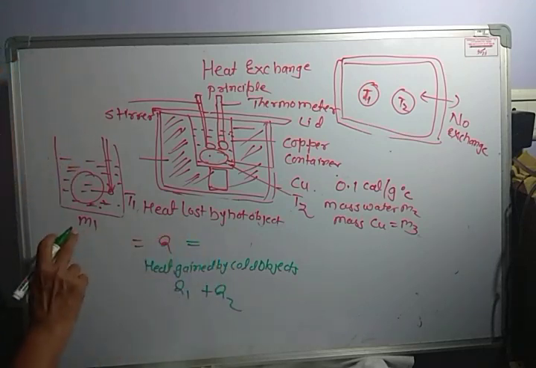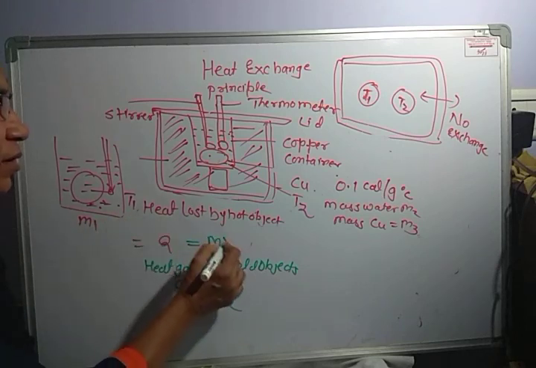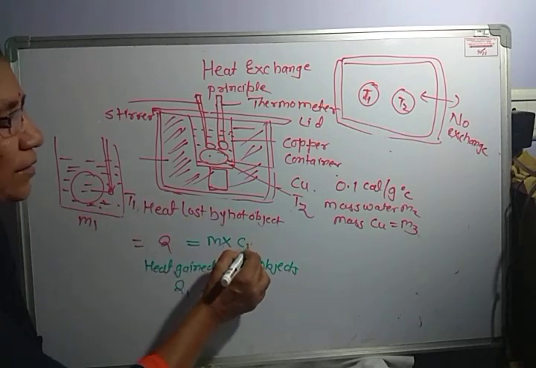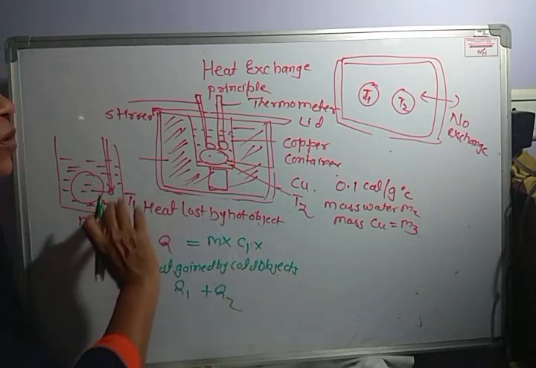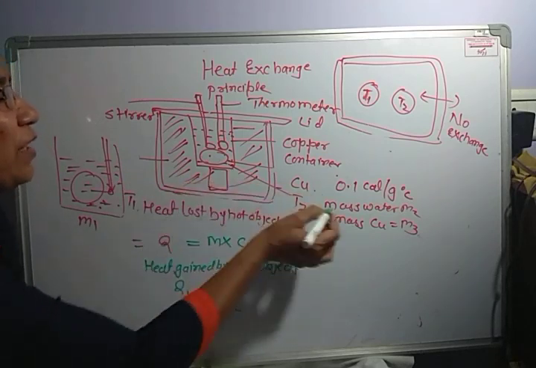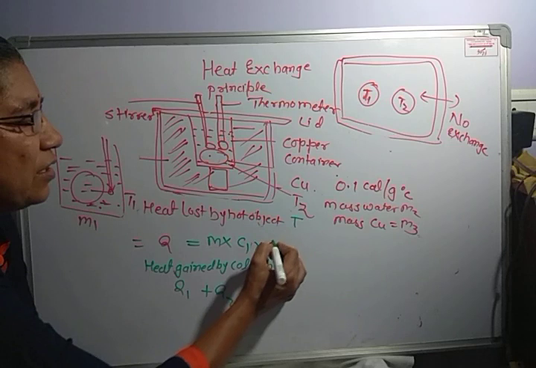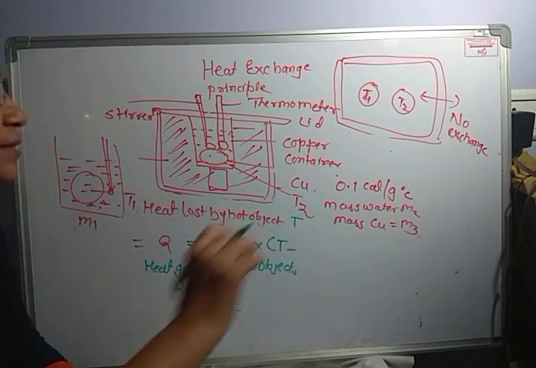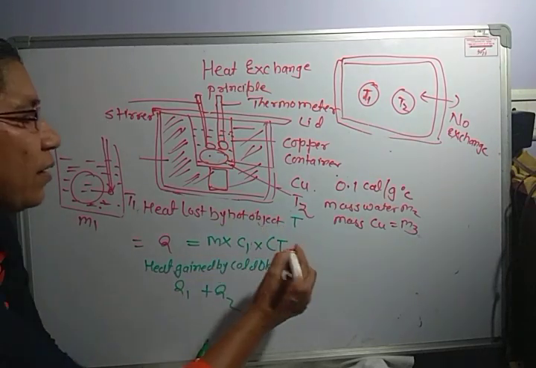Now Q is equal to what? m1, its specific heat capacity C1, into the change in temperature. Suppose the final temperature attained is T. So it is T1 minus T.